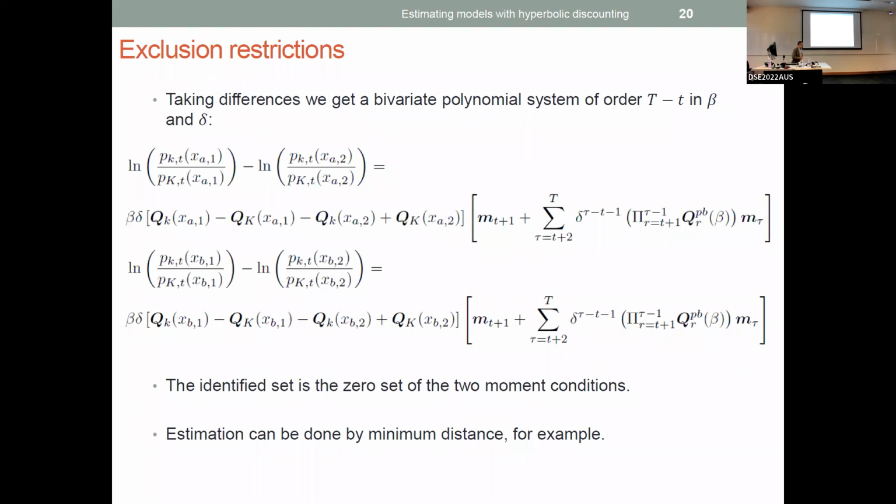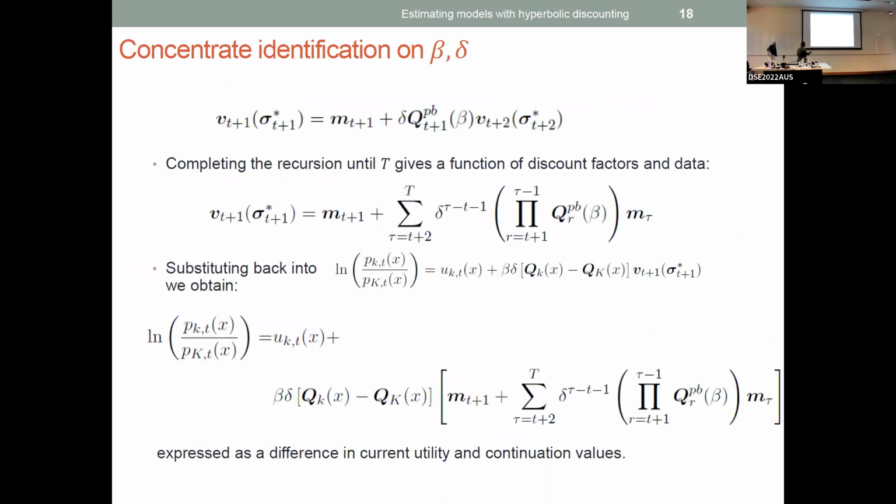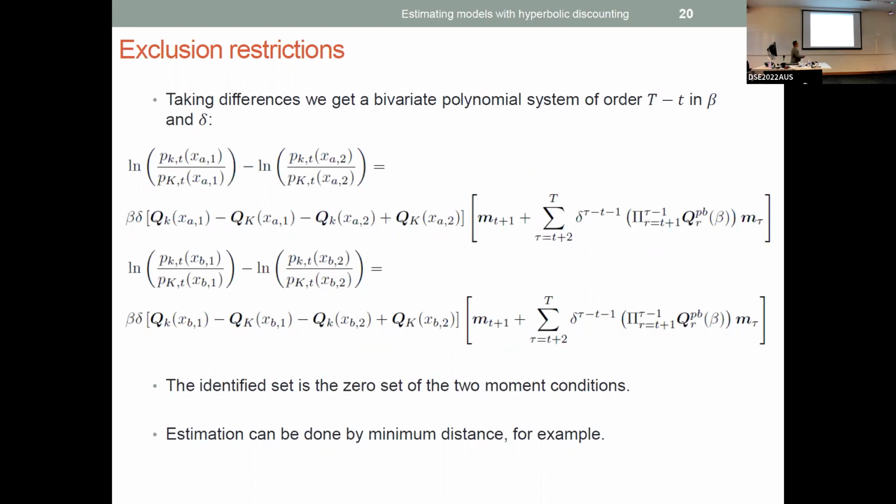Given the pairs of exclusion restrictions are available, we can do some canceling and substitutions. Substitute this equation with your X_A and X_Bs. On the left-hand side, you have the differences, the contrast of the CCPs.